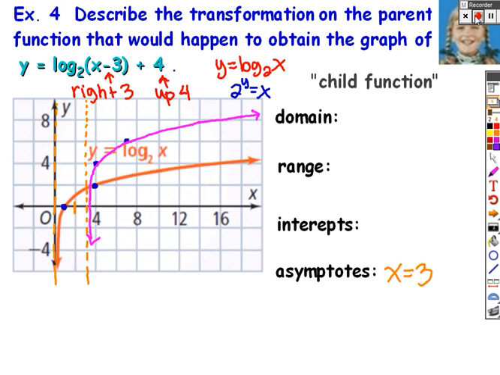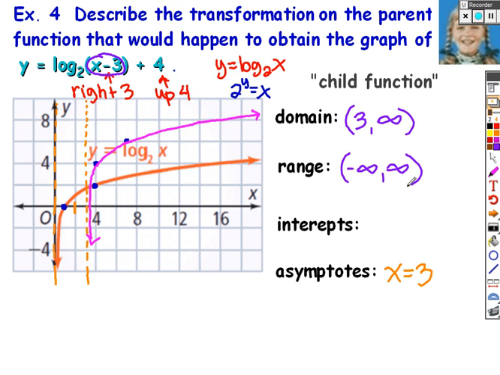So if the domain of my parent function was 0 to infinity, the domain of this new transformed function would be 3 to infinity. Note, if I plugged in 3 here, the argument would be 0, and the argument can't be 0, it also can't be negative. So 3 to infinity, not including 3, would be my new domain. The range, I can still get out anything for y, so this graph continues up and down forever.